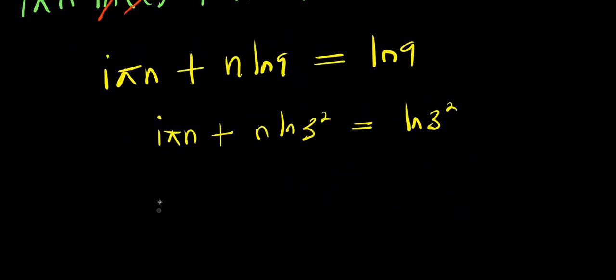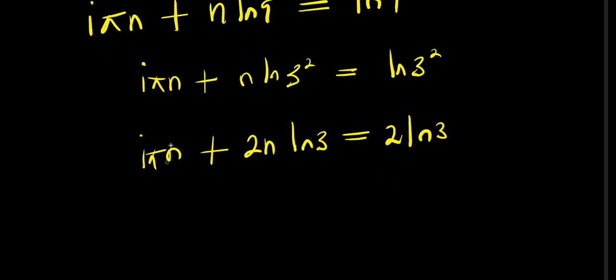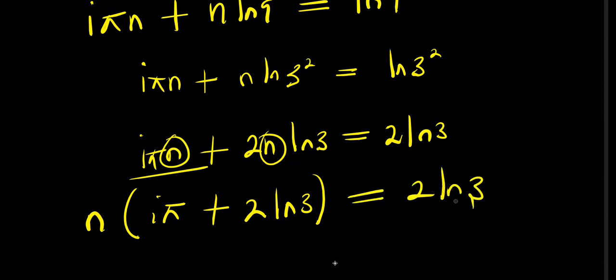So that will give me i times pi n plus, these 2 will come behind it, 2n natural log of 3 equals 2 times natural log of 3. I can factor out the common term here, which is n. n divides this. I have i times pi plus 2 times natural log of 3. And also divide this, and this equals 2 times natural log of 3.